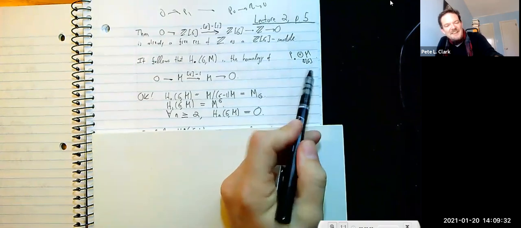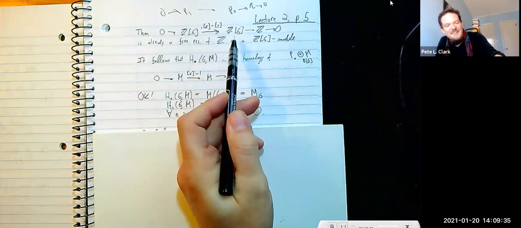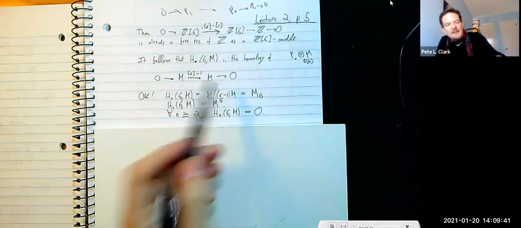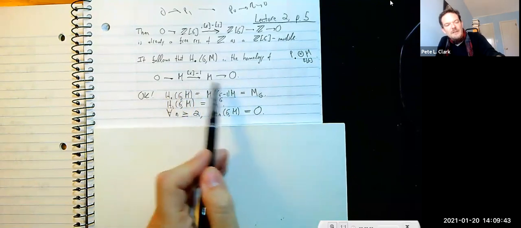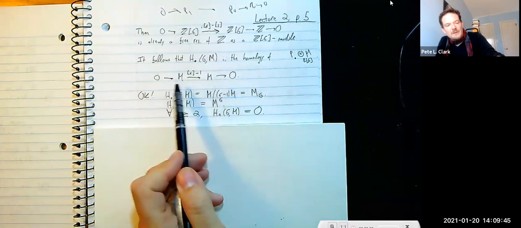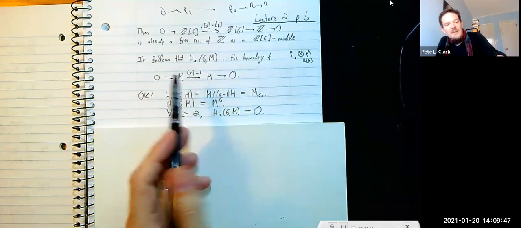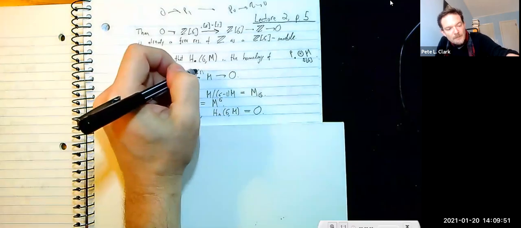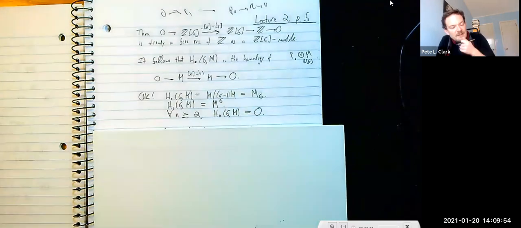But this is really easy because I'm tensoring from ZG to things that are ZG. If I tensor M from ZG to ZG, that doesn't change anything and I just get M again. So it's just the homology of this complex: 0 to M to M to 0, and this map is just sigma minus 1. Okay, well, we can compute that.